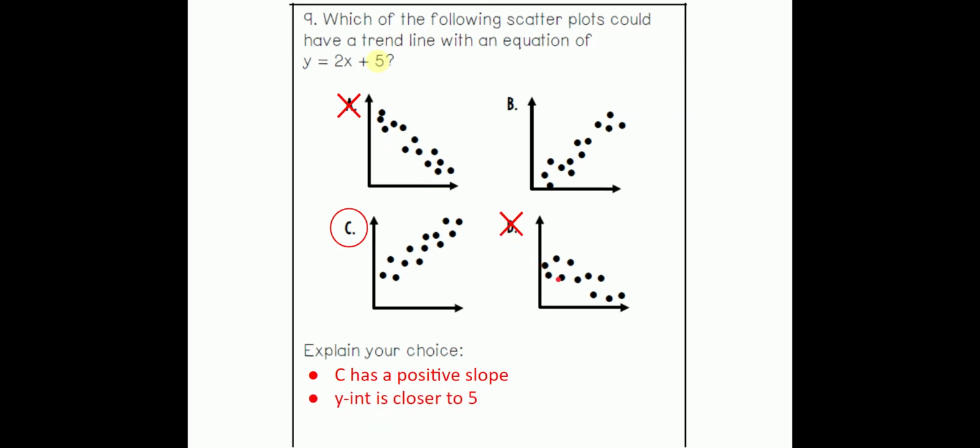And the y-intercept is probably closer to 5. Now there are no numbers to tell us whether it's closer to 5 or 6 or 10 or 500, but you know that this one probably has a y-intercept that's closer to 0.